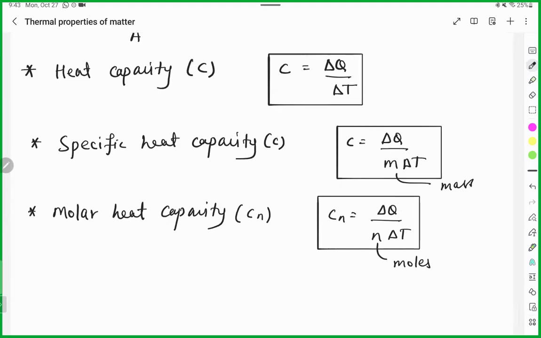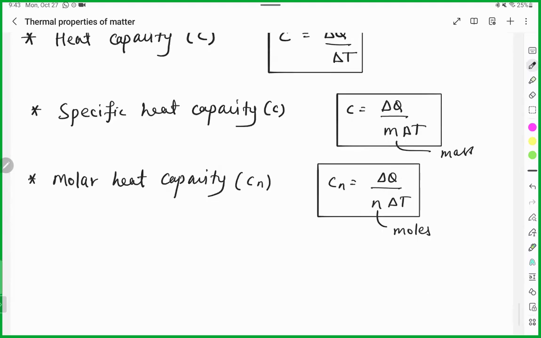By the way, if you consider which material has the highest specific heat capacity, it is water. That's why water is a very good material that resists any kind of change, because you need the maximum amount of heat to increase temperature by 1 degree Celsius.